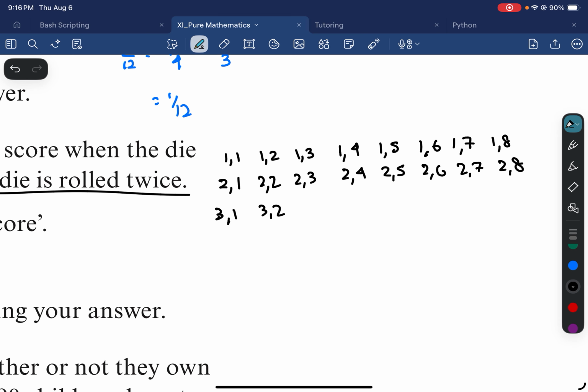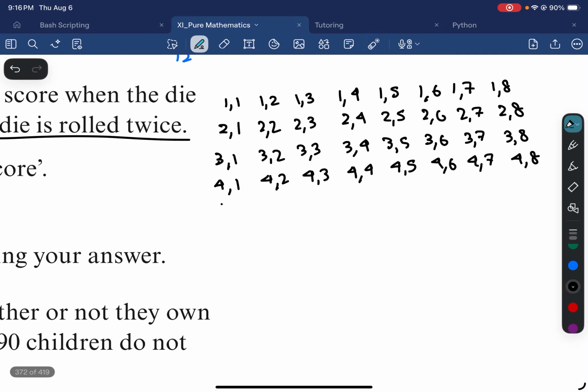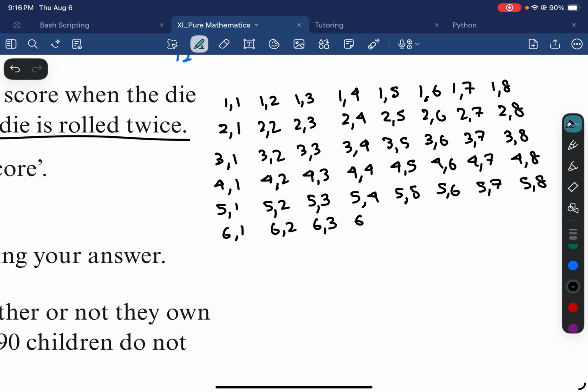3, 1, 3, 2, up to 3, 8. 4, 1, 4, 2, up to 4, 8, right? 5, 1 through 5, 8. 6, 1 through 6, 8.